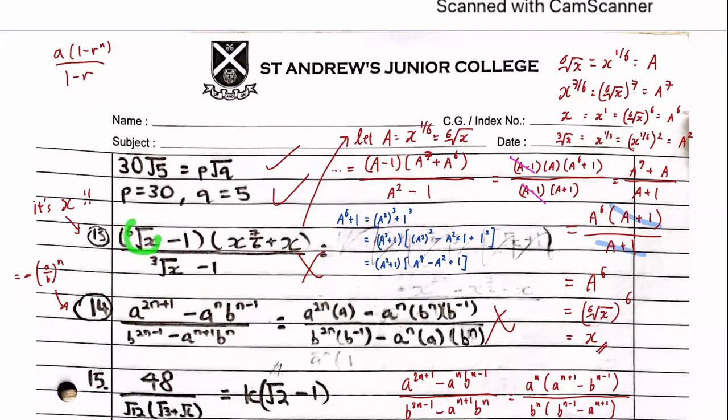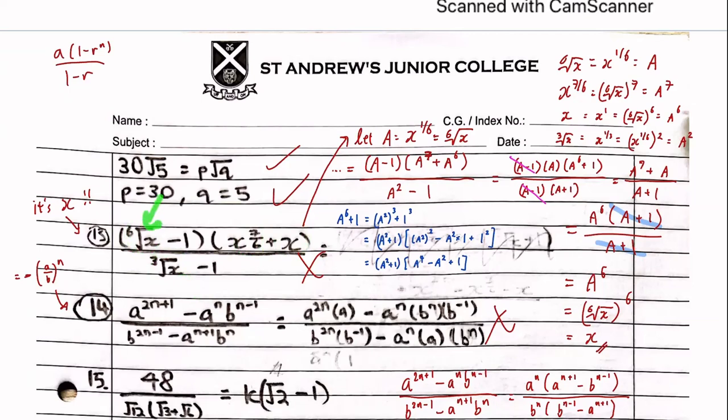So here you got 6th root of x. Here you got cube root of x. Here you got x to the power of 7 over 6. And here you got x power 1. So which is the smallest power? This should be 1 over 3.